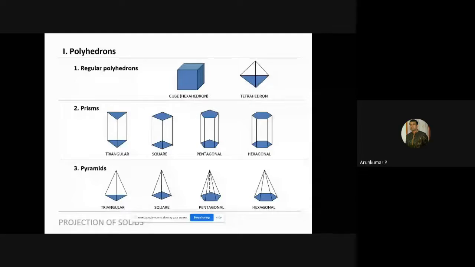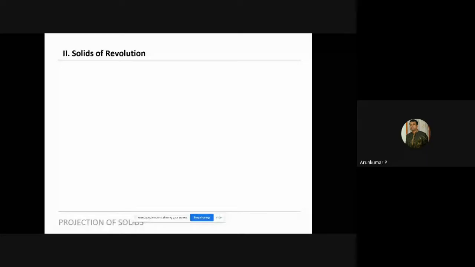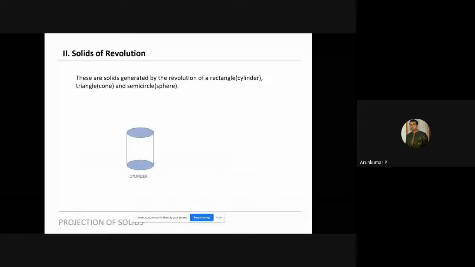The next would be these entities, which are called solids of revolution, basically cylinder and cones. These are entities which do not have any sharp corners or sides or edges.